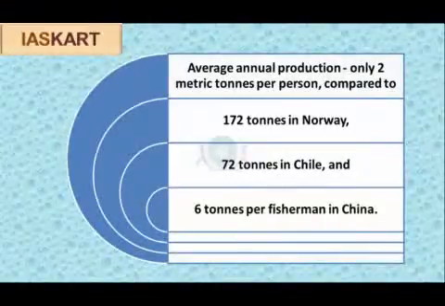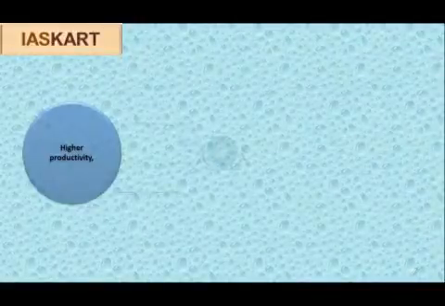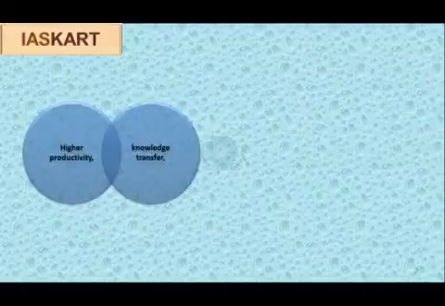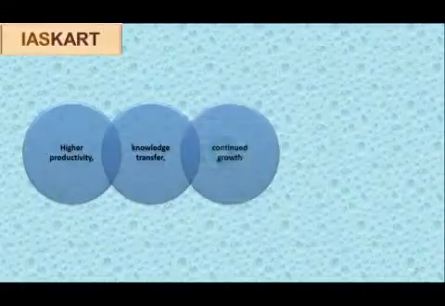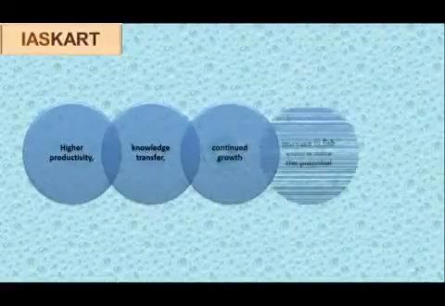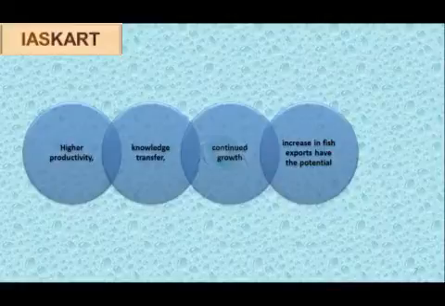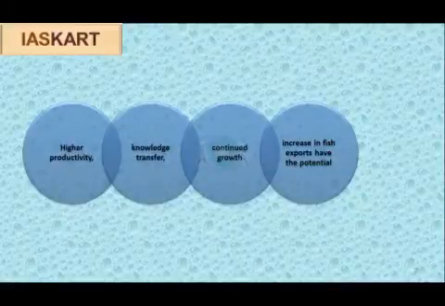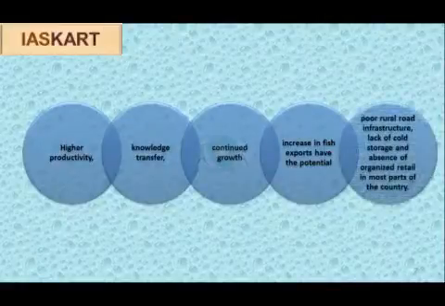Higher productivity, knowledge transfer for sustainable fishing, and continued growth in fish production with an increase in high fish exports have a large potential for increasing the living standards of our Indian fishermen.